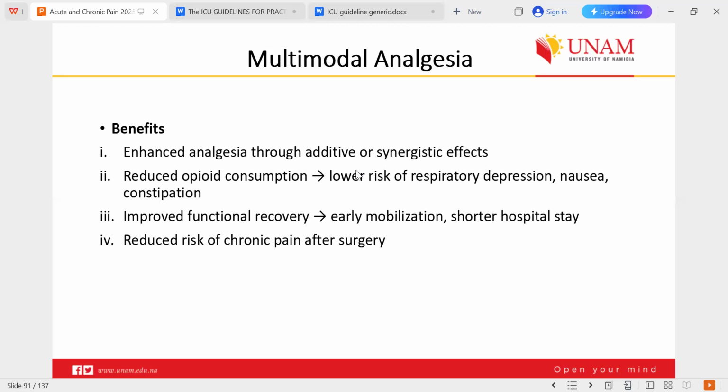And we're going to see some of the side effects of opioids. Improved functional recovery, early mobilization, shorter hospital stay, reduced cost of healthcare. And reduced risk of chronic pain after surgery. Poorly treated or undertreated acute pain can lead to chronic pain.